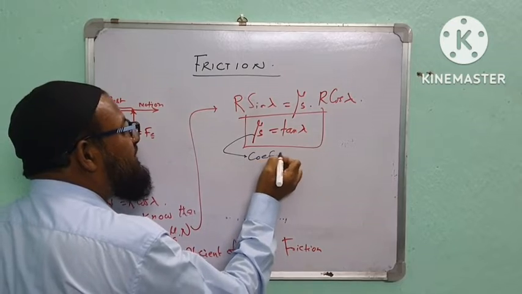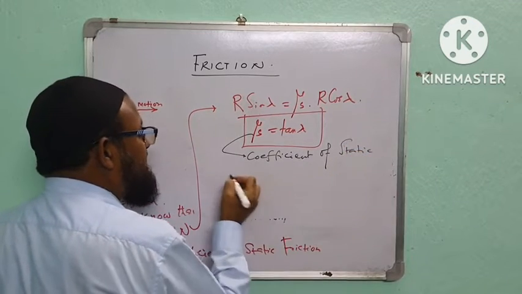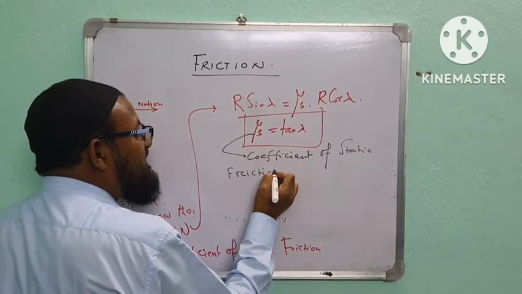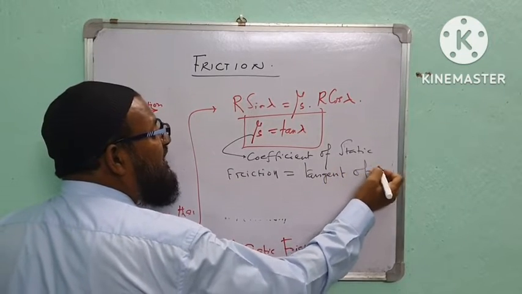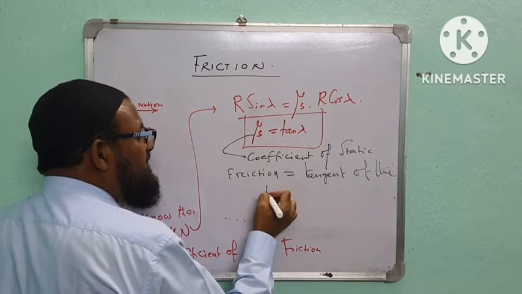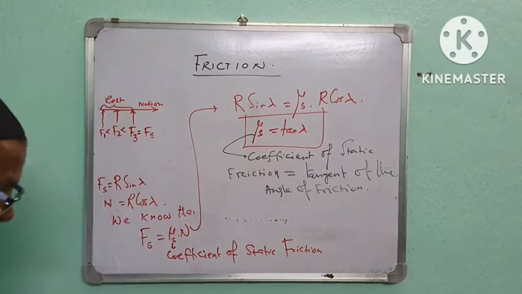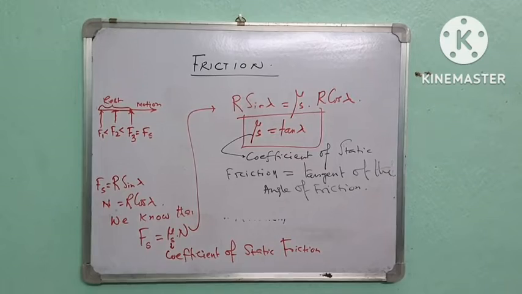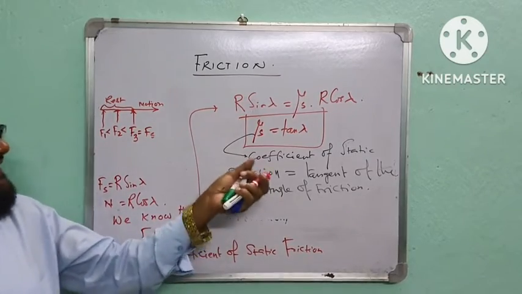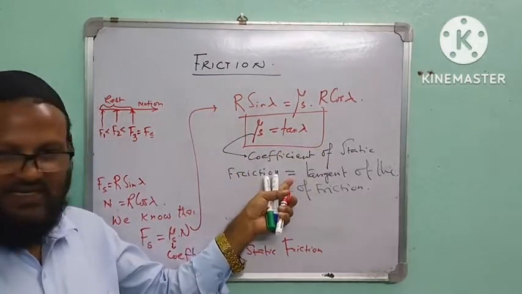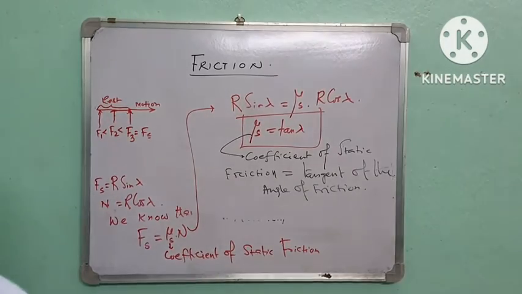The coefficient of static friction is equal to the tangent of the angle of friction.